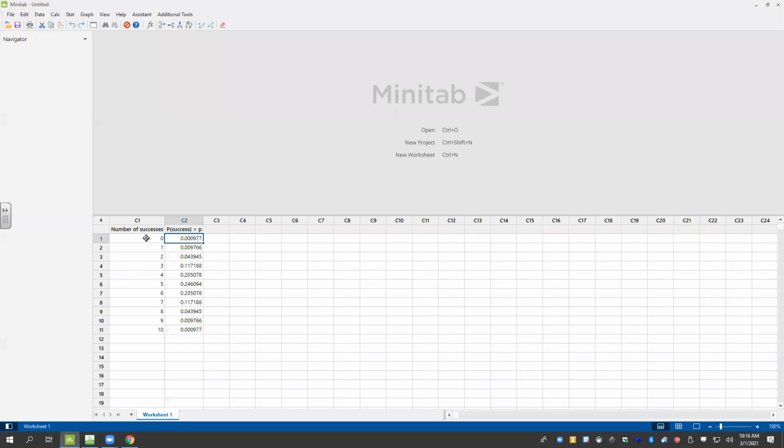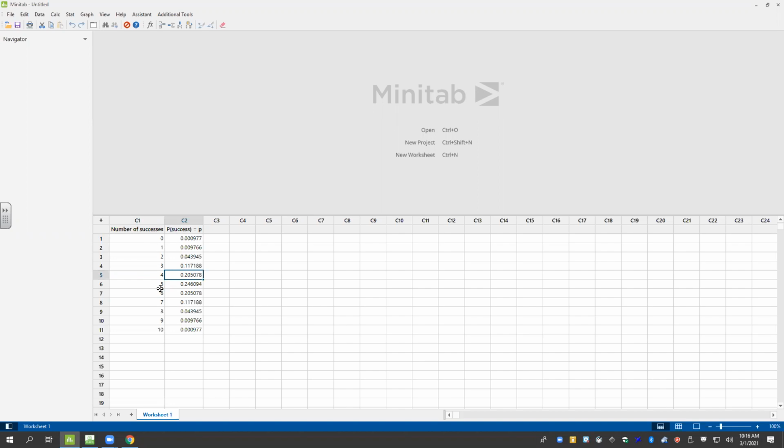Minitab has done all the calculations. I'm going to the C1 column and I'm going to find the value of 4. And I'm going to read the number next to it. And the number that Minitab has put out is 0.205078. Now, your homeworks, your test may ask you to round.